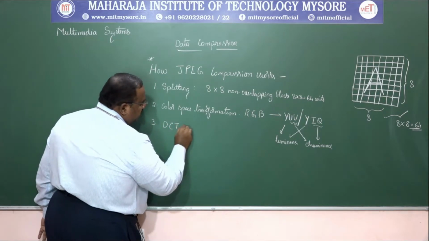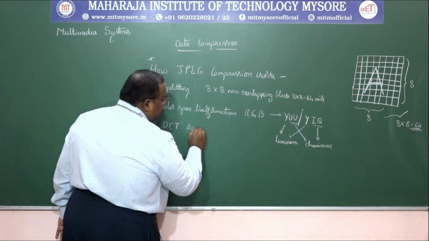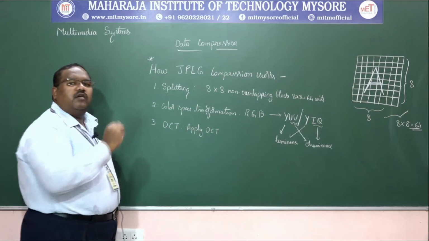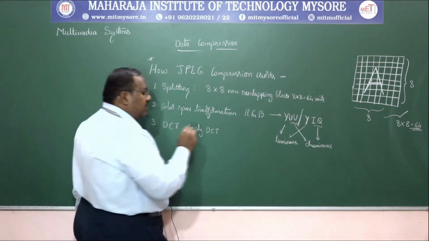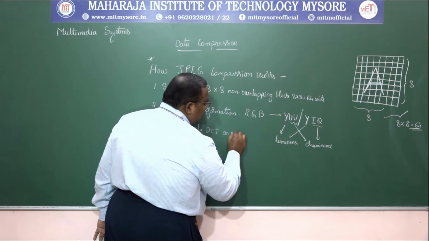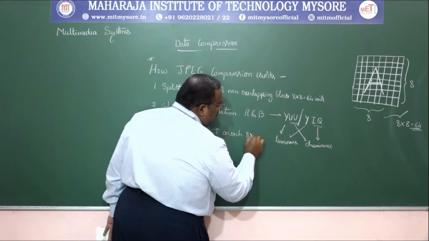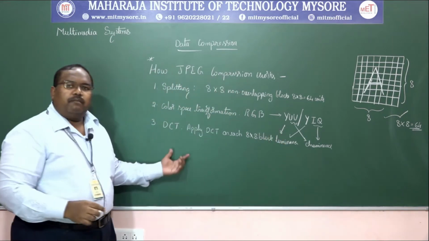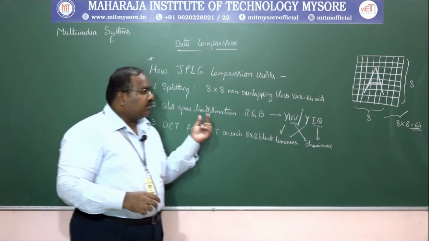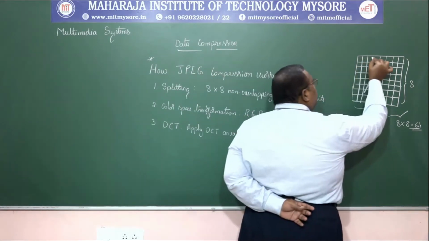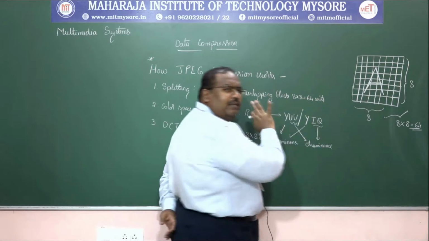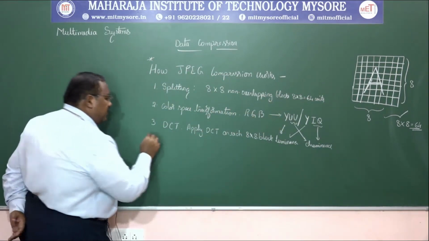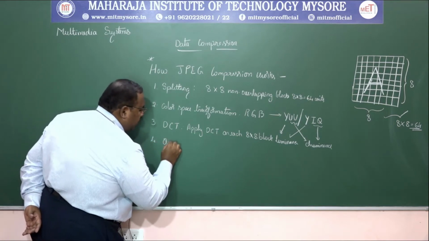DCT. Here we apply the DCT transformation on each of the 8x8 blocks. This means we apply the discrete cosine transformation to each block; to every block we apply this transformation. So what do we do after that? After that we go with quantization.